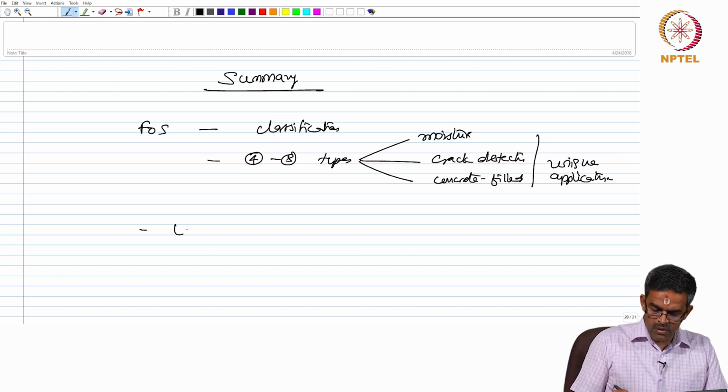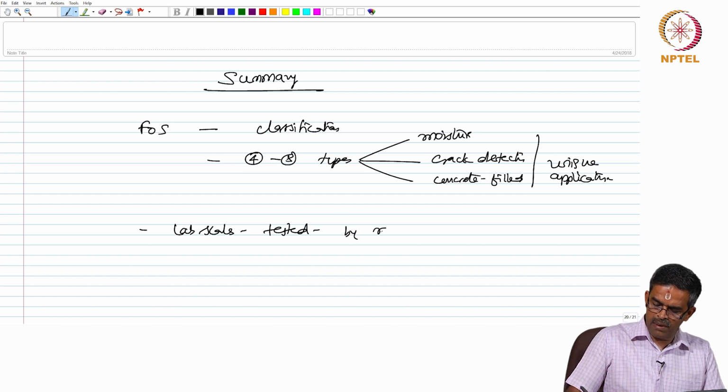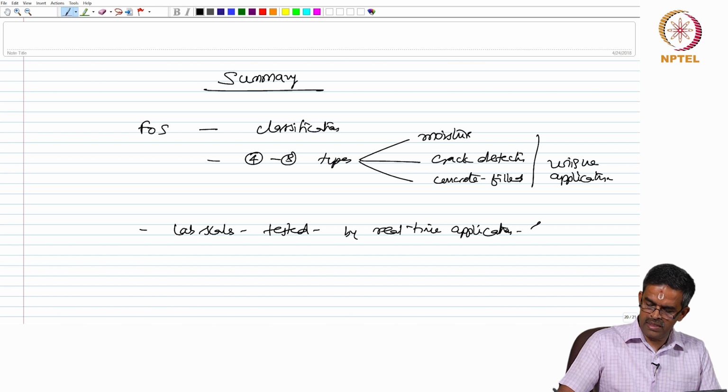Some of them are on lab scale, researchers have examined and tested them, but a real time application in terms of large projects has yet to happen.